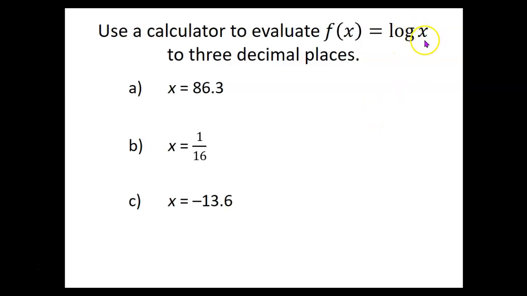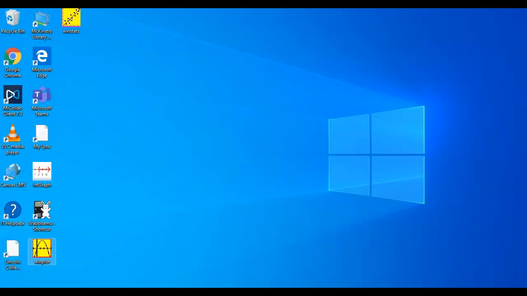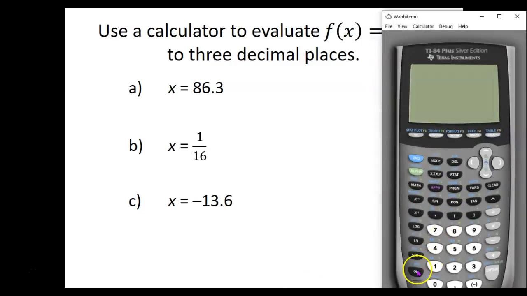So the function we're evaluating is log of x. And if x is 86.3, we want the log of 86.3. So you should get 1.936. And then there are more decimal places after that, but to 3 decimal places is 1.936.